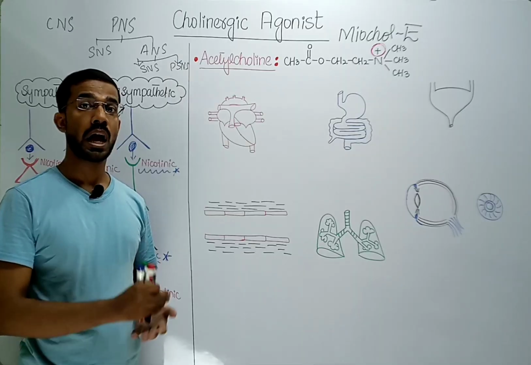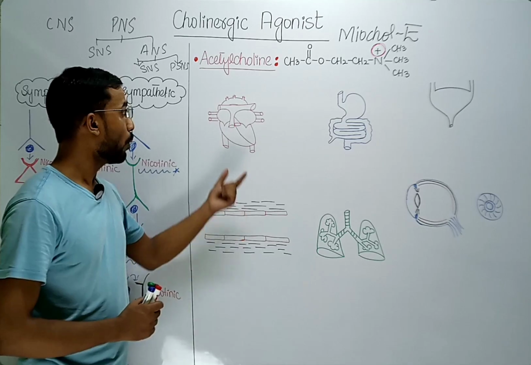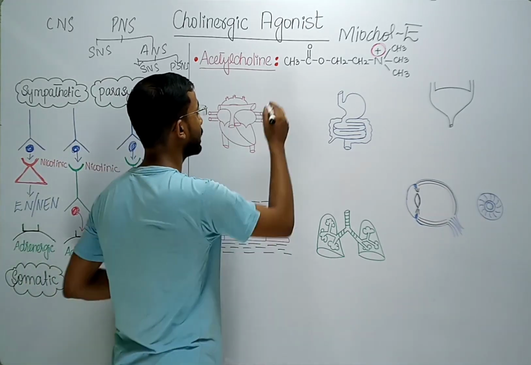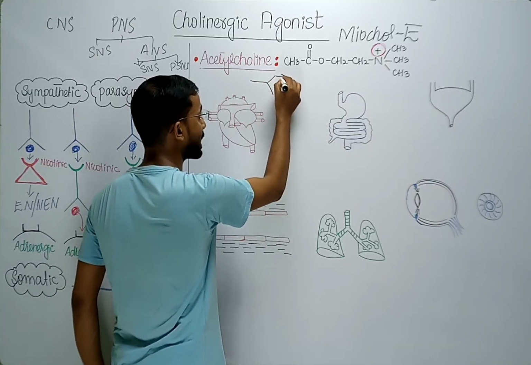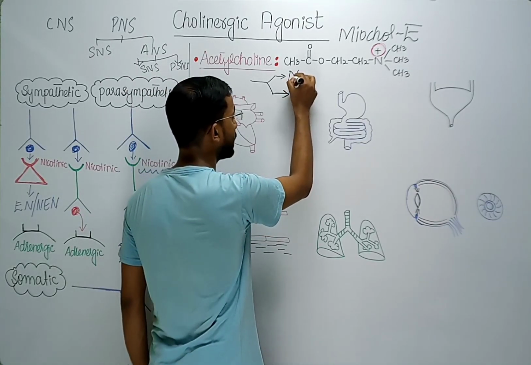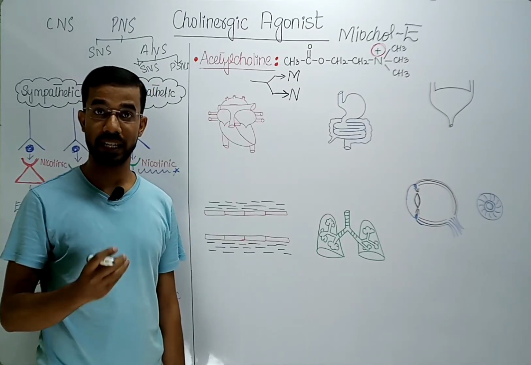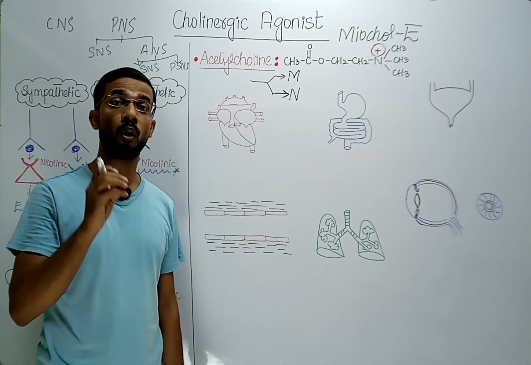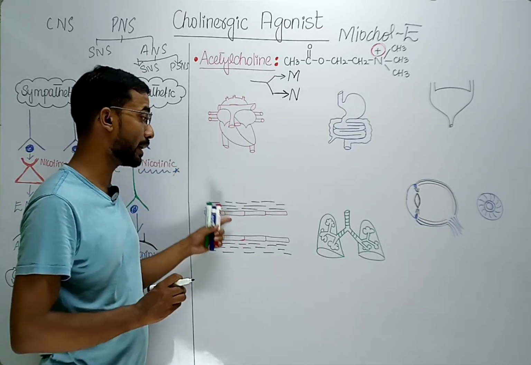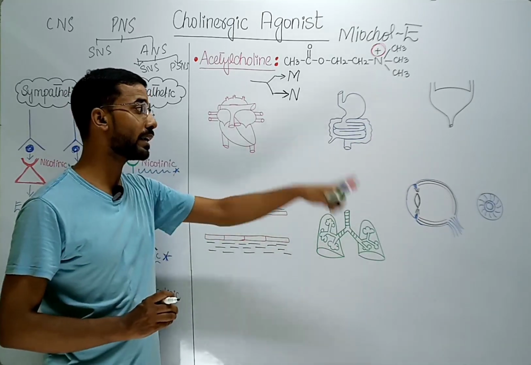Now we will see how acetylcholine produces its effects on the different organs. First one is the heart. As we see, there are two main receptors on which acetylcholine produces its effect. First one is the muscarinic receptor and second one is the nicotinic receptor. Muscarinic receptors are mostly present on the effector organs, like the heart, blood vessels, GI tract, lungs, urinary bladder, and the eye.